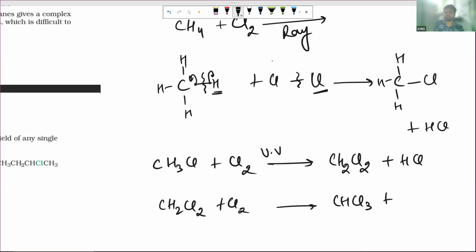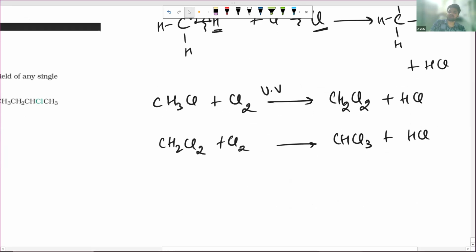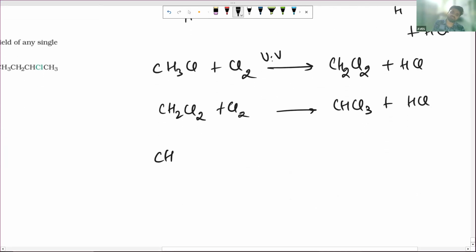One more chlorine atom is added, one more hydrogen removed. When more chlorine gas is passed, we get CCl4 plus HCl.